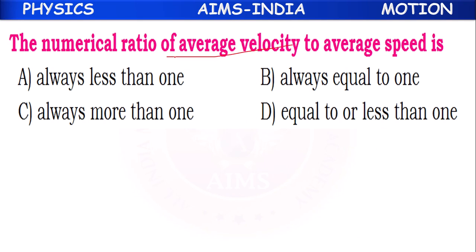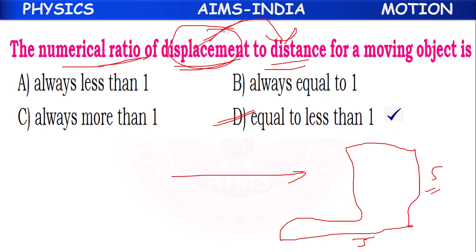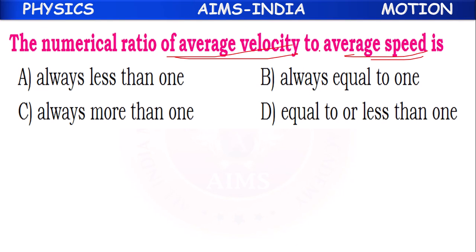In the same way, average velocity to average speed, because average velocity depends on displacement, average speed depends on distance, is equal to or less than 1. That option is the correct answer.